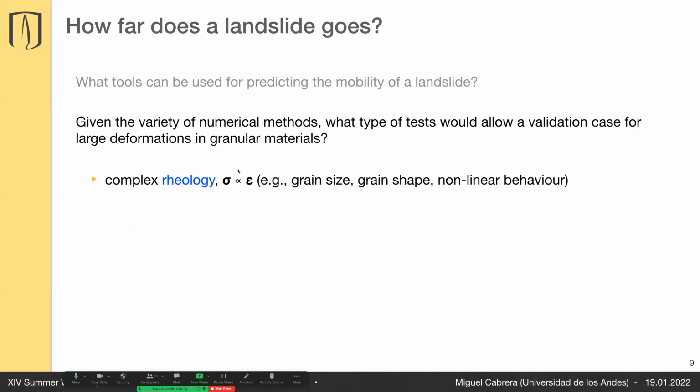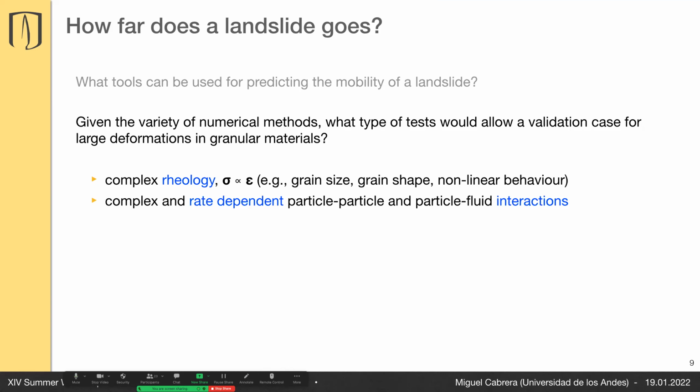So in order to understand that, we need to acknowledge the complex rheology of granular materials. This complex rheology gets affected also by the grain size, the grain shape, or even these natural nonlinear behaviors. There is also rate-dependent particle-particle and particle-fluid interactions that are of most interest. And there are these micro to macro relationships.